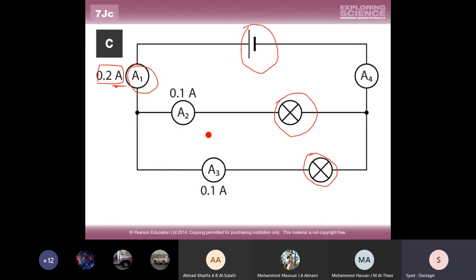What do you guys notice about the amps? Why is it 2 here, but 1 here and 1 here? Are they equal?